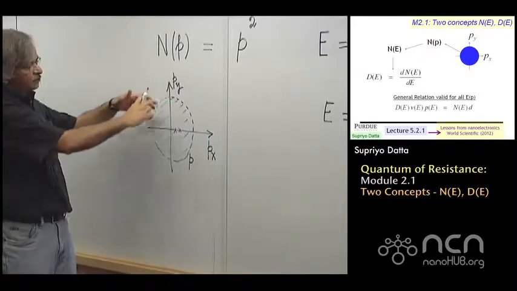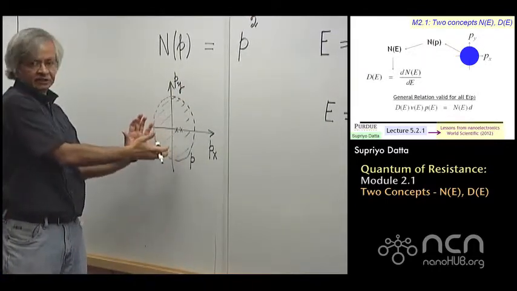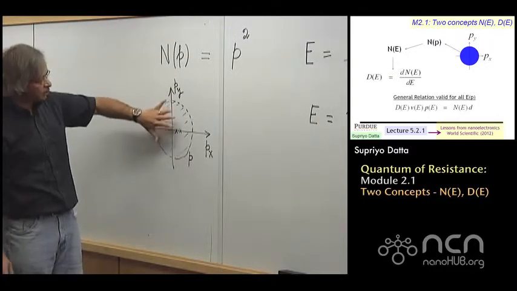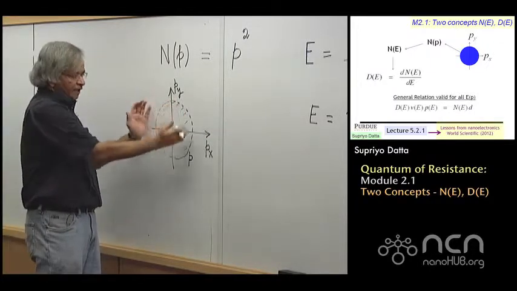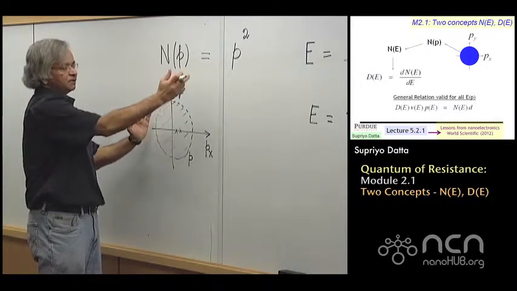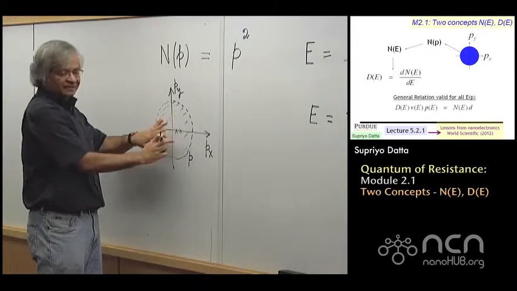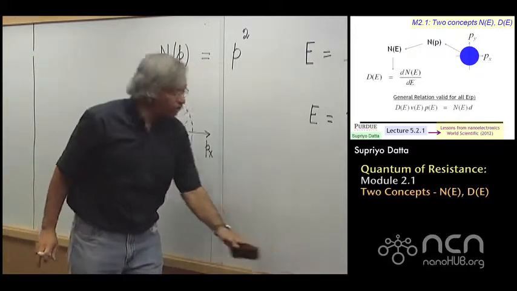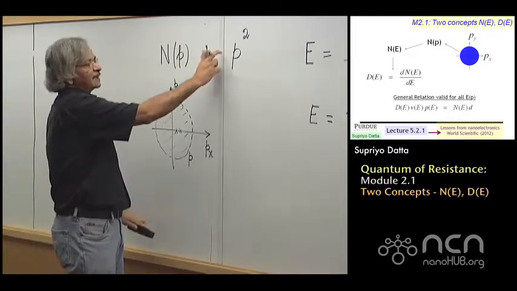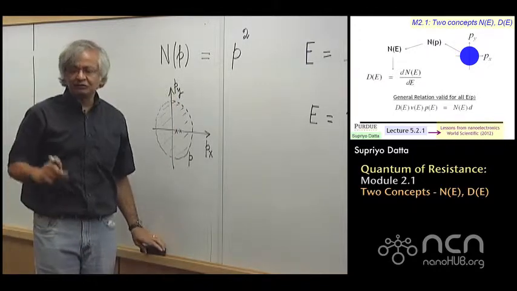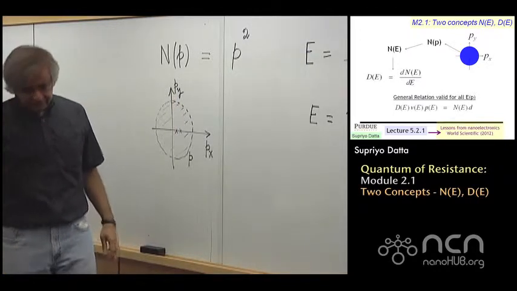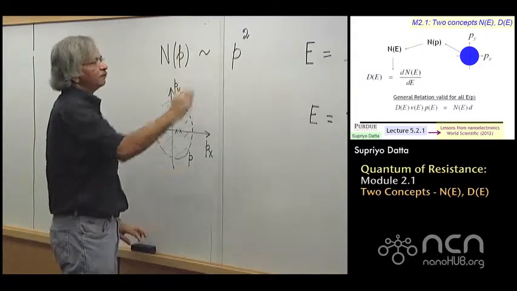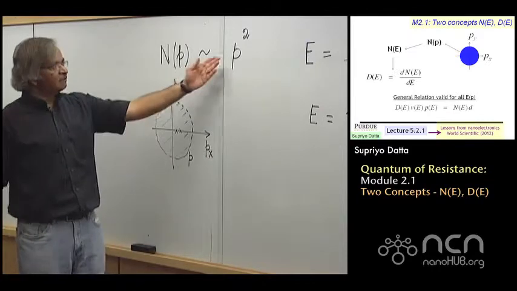Because if it's two dimensions, the area of this circle is pi times P squared. So the area available is proportional to P squared. If you assume that the states are uniformly distributed in here, then the total number of states should be proportional to P squared. Of course, exactly what constant goes in front, that's what we'll do in the next module.